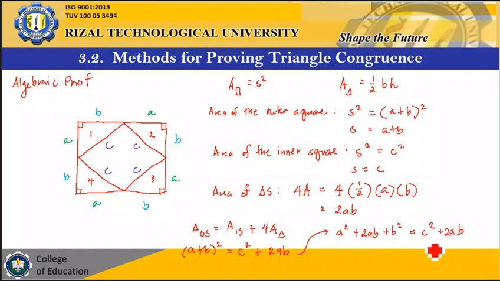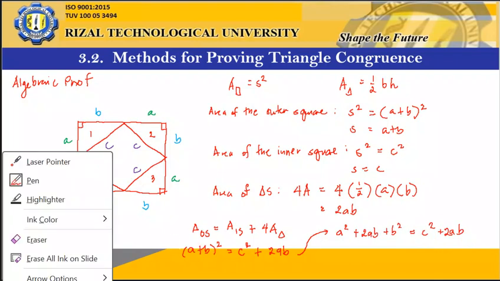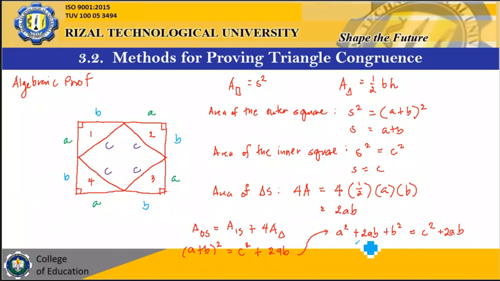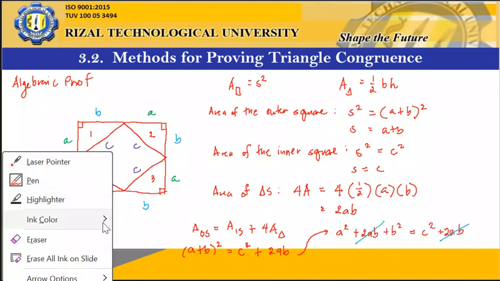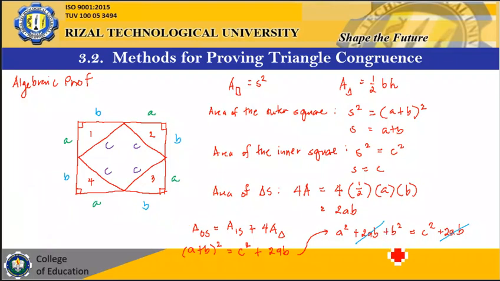Okay? We can subtract both sides by 2AB and cancel it out. And therefore, what we have is C squared is equal to A squared plus B squared. And we're able to show that the theorem holds. Okay?